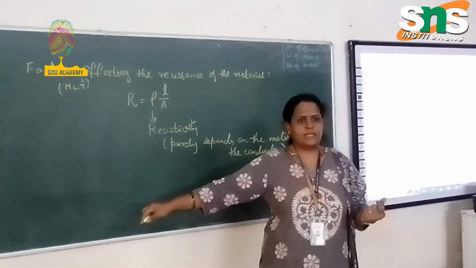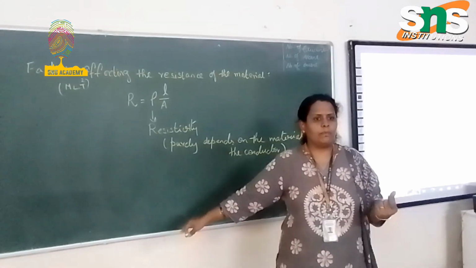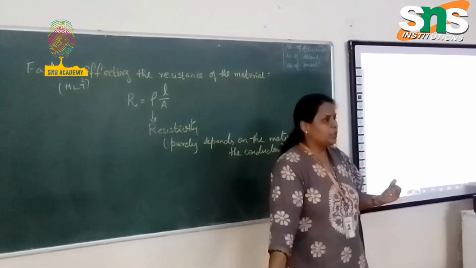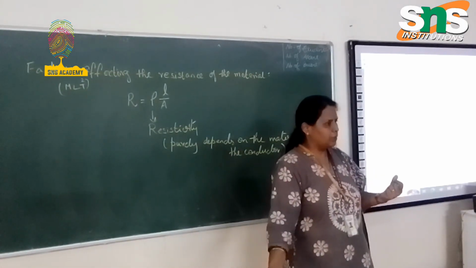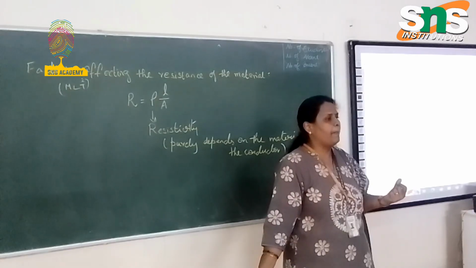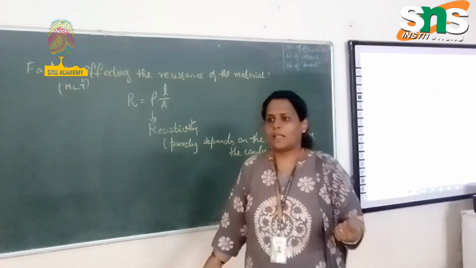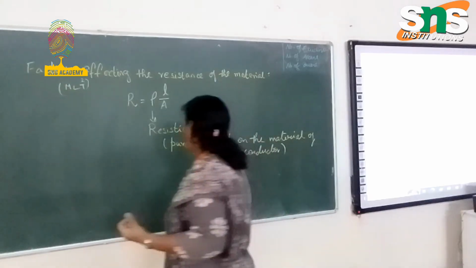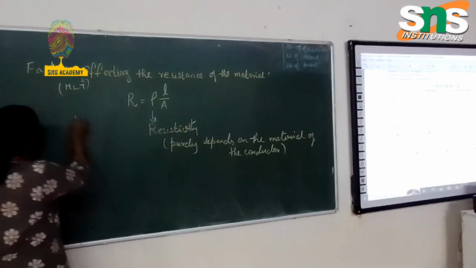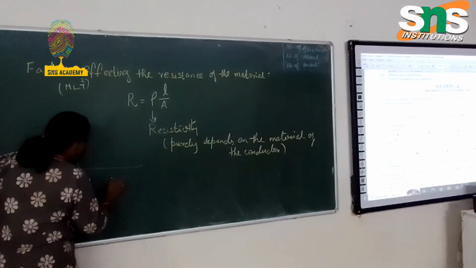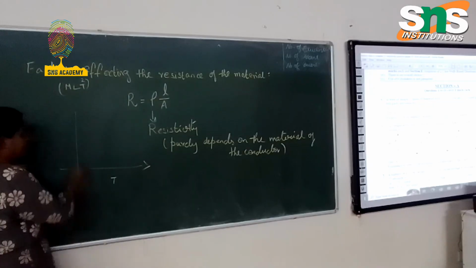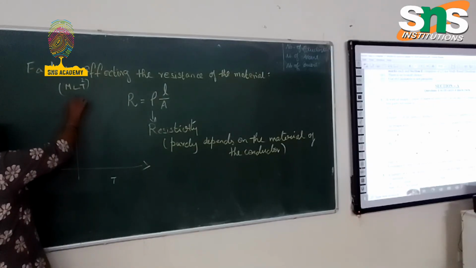That day we have discussed, Emily, by drawing the diagram. And you have done a very good example, Emily. You portrayed what will happen if you are increasing the area, if you are increasing the thickness. So what will happen if you are increasing the temperature? You are increasing the temperature on the x-axis and resistance on the y-axis.